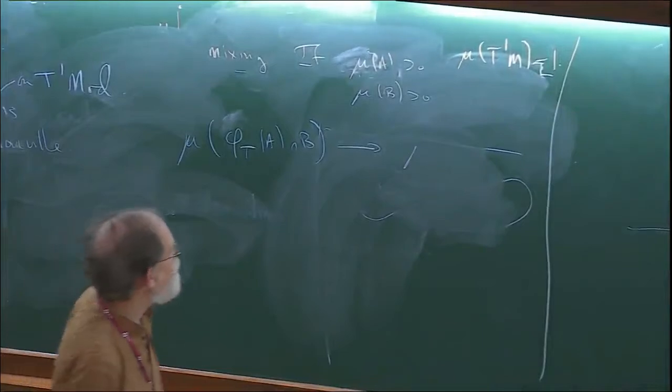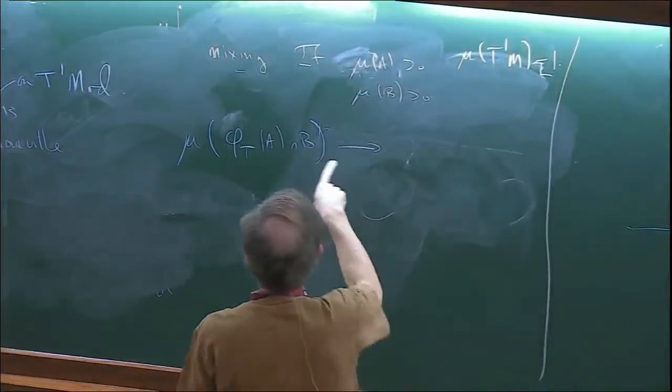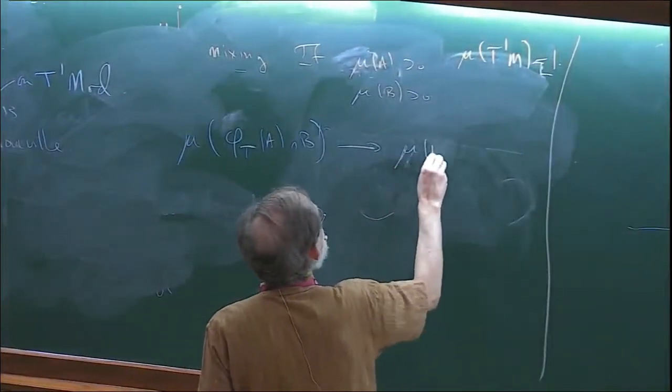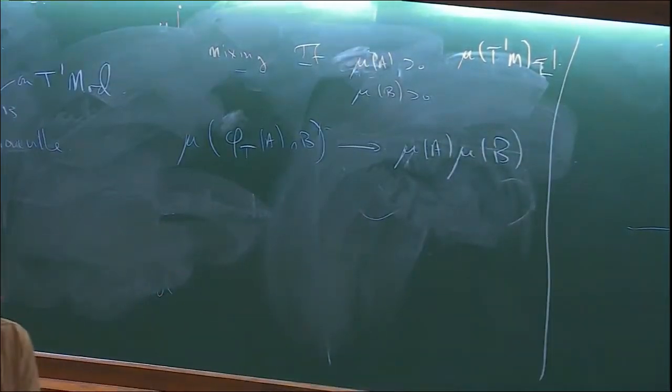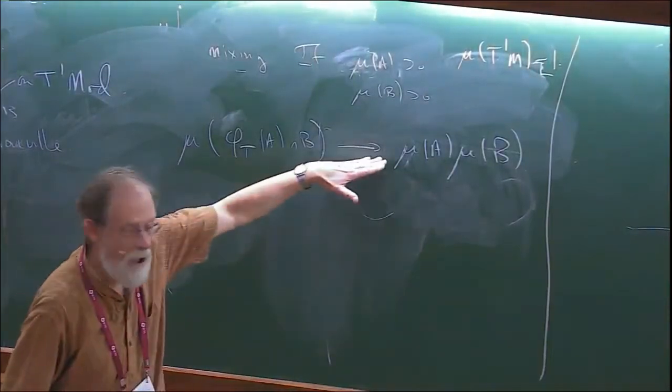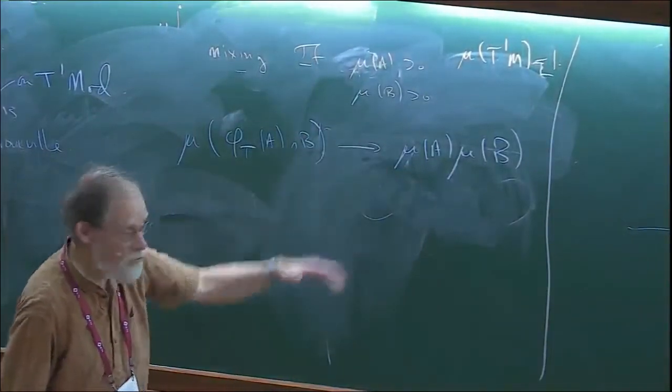Otherwise, there'll be some scaling factors which I will get wrong. This should converge to mu of A times mu of B. That's what mixing says.